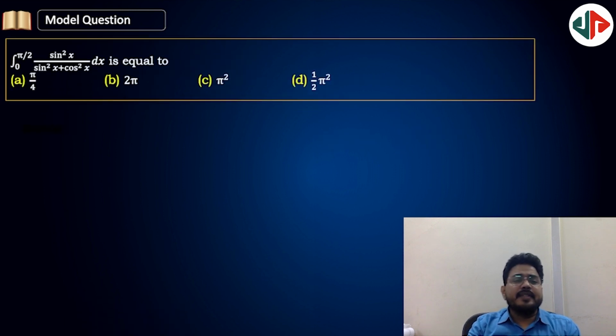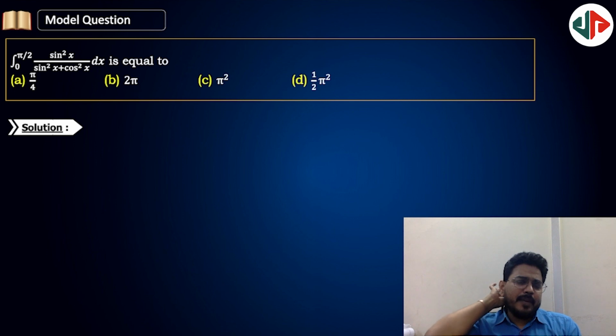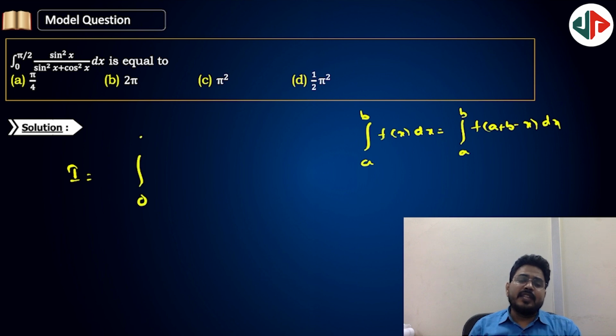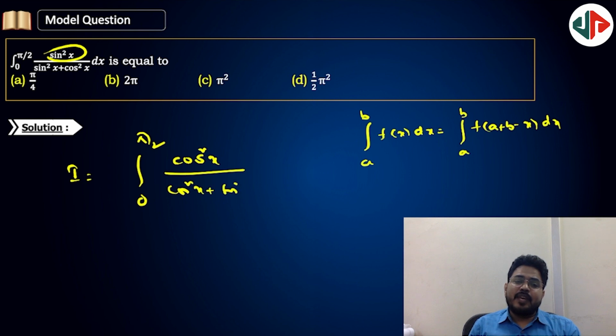Next question is integral 0 to pi by 2 sin square x dx. Again the same property: integral a to b f of x dx is equal to integral a to b f of a plus b minus x dx. If I apply that, I is equal to integral 0 to pi by 2 sin square of pi by 2 minus x, which is cos square x, and this is cos square x plus sin square x dx.